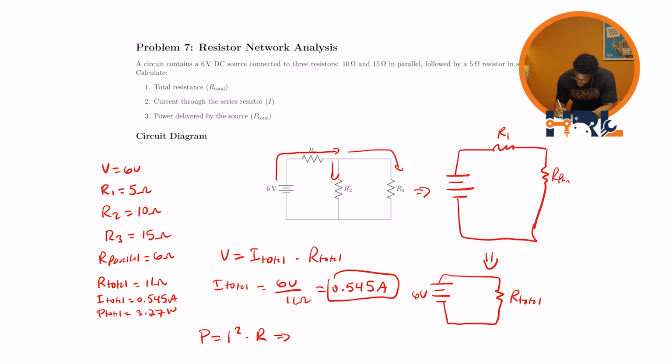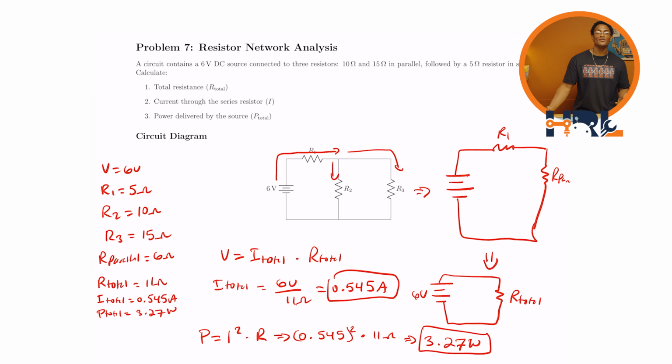Let's check it out. So we have 0.545 squared times 11 ohms. And this gives us, lo and behold, 3.27 watts. Therefore, confirming all the other values we calculated in our circuit. Very nice. Great, everything now lines up.